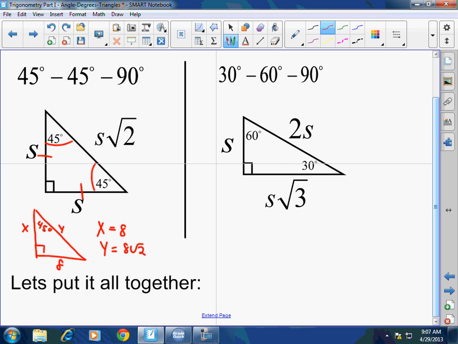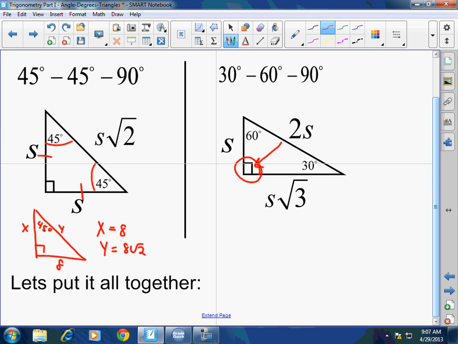You feel me? A 30-60-90 is also a special right triangle. One thing you should know is that whenever you have angles and side measures, the smaller the angle, the smaller the side. Remember that. Remember how we said the hypotenuse is always the largest side? Well, isn't that because it's across the largest angle?